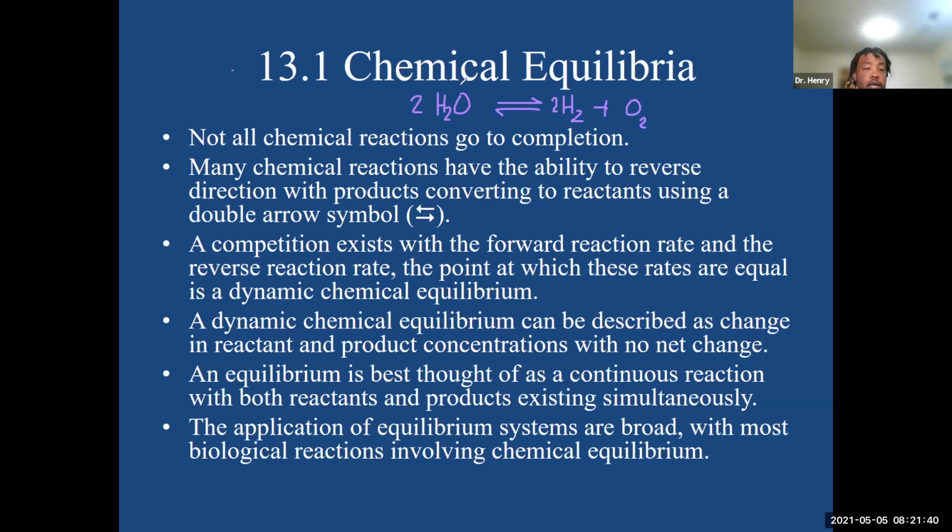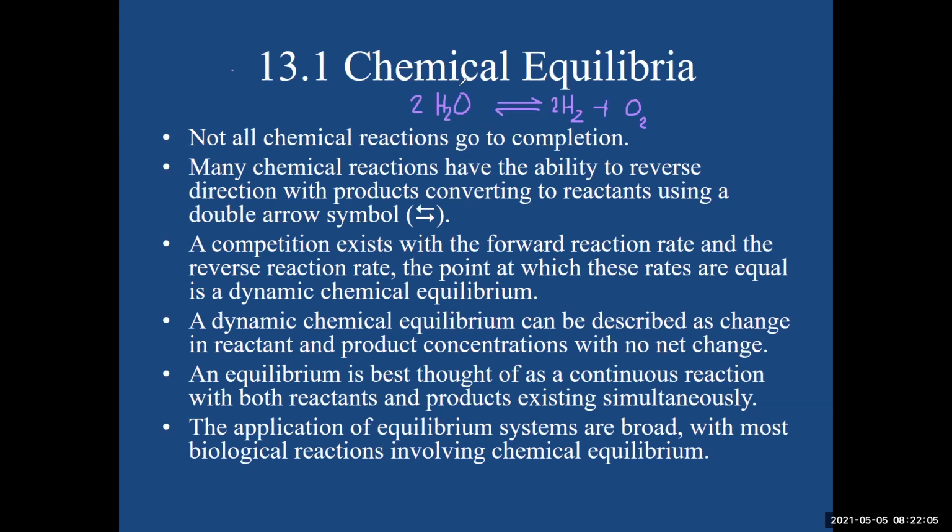Okay. And so it'll start at a point and then it'll shift proportionally to try to get to the point where you have no net change happening between the water and the elements that are being generated. Does that make sense? You guys see what I'm saying?